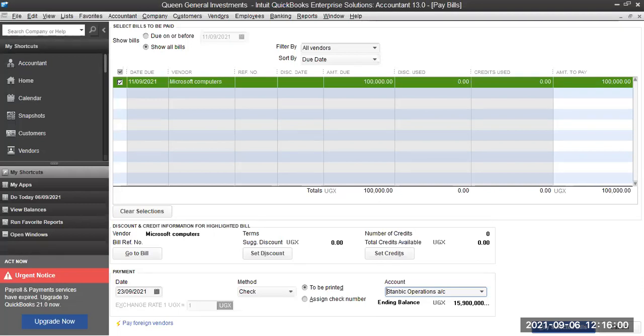Or if you are paying there and then, like you have not taken on debt, then that's where we select enter bills. There's pay bills and enter bills. There's even receive items and pay and clear bills.